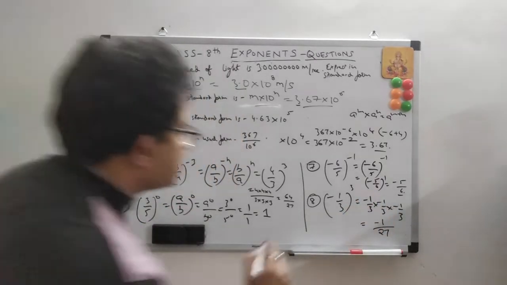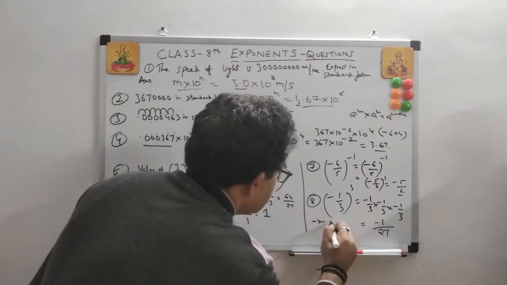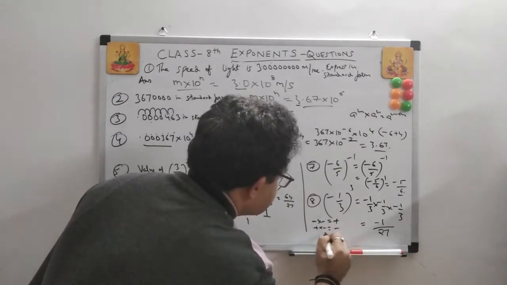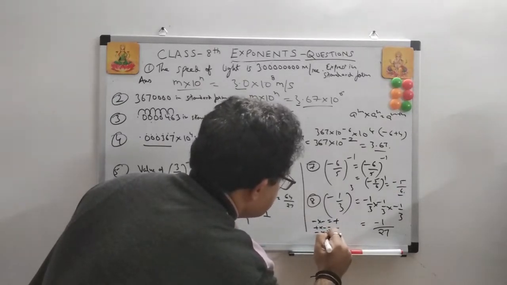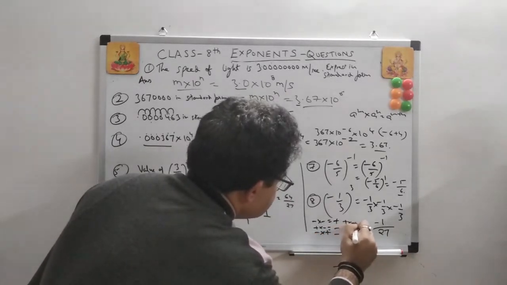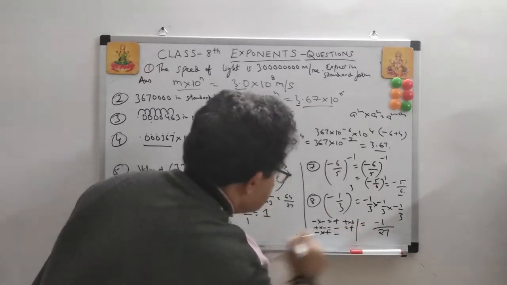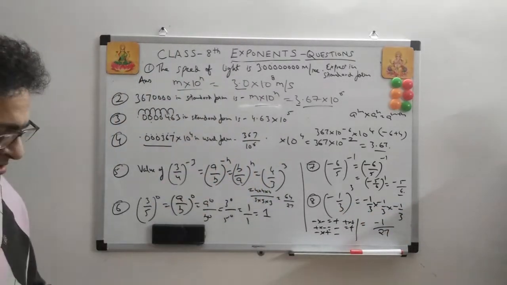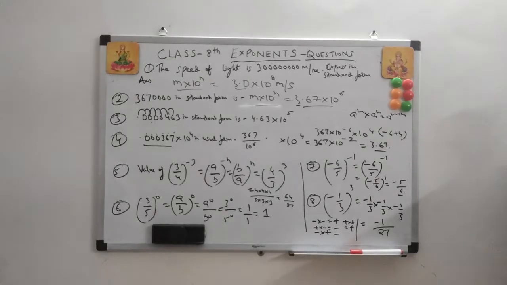Minus into minus is plus. Plus into minus is minus. Minus into plus is minus. Plus into plus is plus, this way. So basically this is the idea, right? So herein a quick recap of all the concepts we have done.